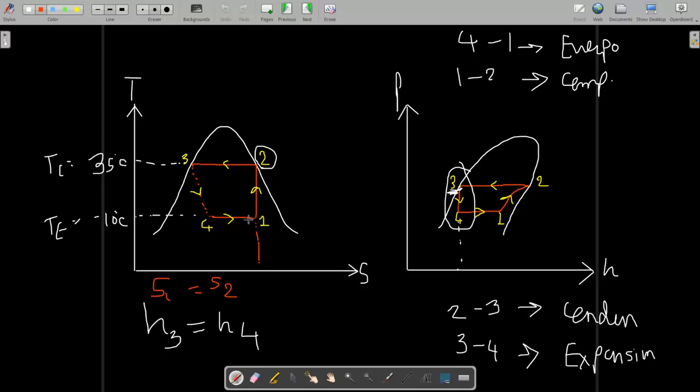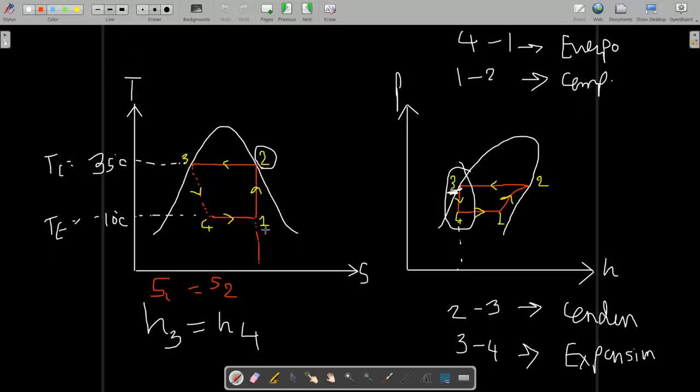For point 4 we do not need any dryness fraction because the enthalpy is the same as H3, the enthalpy of saturated liquid at 35 degrees Celsius, so no need to find it. For finding the dryness fraction we require the entropy relation.